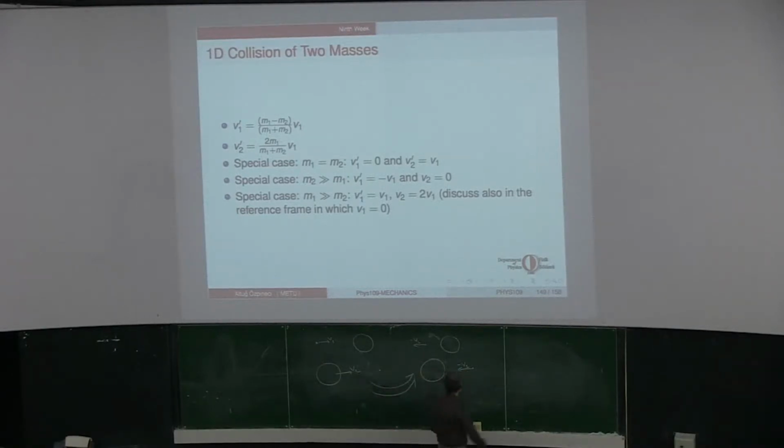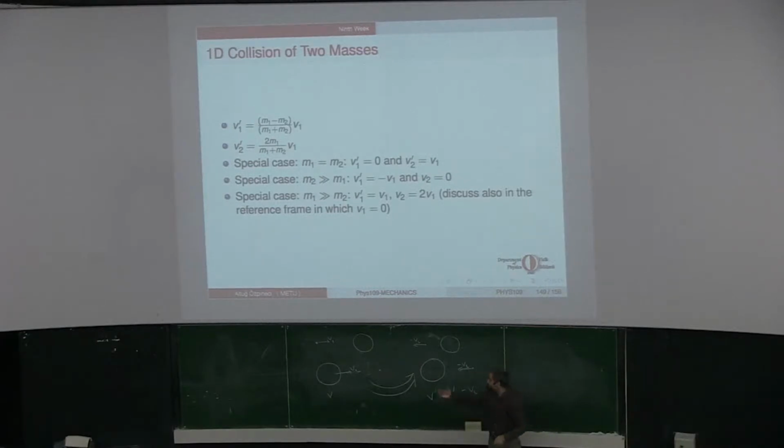The velocities here, let's call them v prime, are nothing but the velocities in that reference frame, whatever the velocity, minus v1.